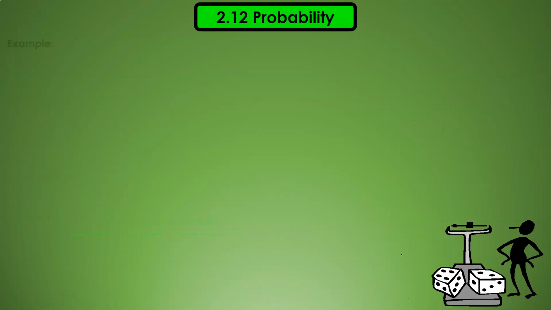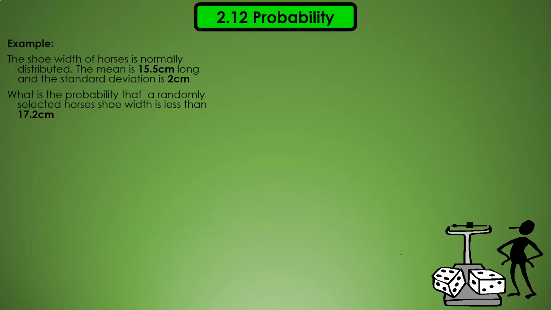All right, so we've got another example here. This time it's the shoe width of a horse. It's normally distributed with a mean of 15.5 and a standard deviation of 2. What is the probability that a randomly selected horse's shoe width is less than 17.2?